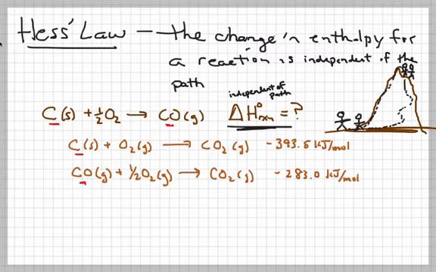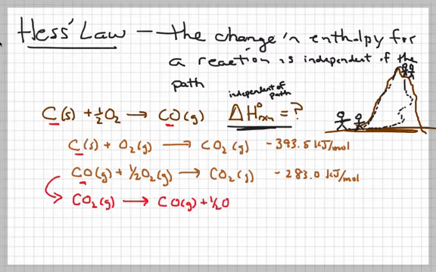However, if we flip this reaction around, in other words, write it as the decomposition of CO2 to produce carbon monoxide and oxygen, now carbon monoxide is on the product side, as it is in the equation we're interested in. And we still know the enthalpy change for this reaction. It's going to be the same but opposite in sign, so positive 283 kilojoules per mole.